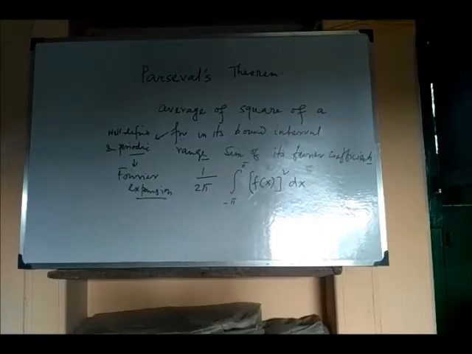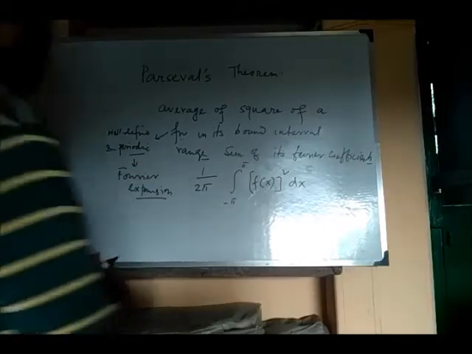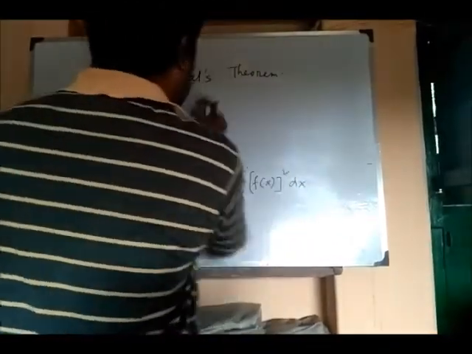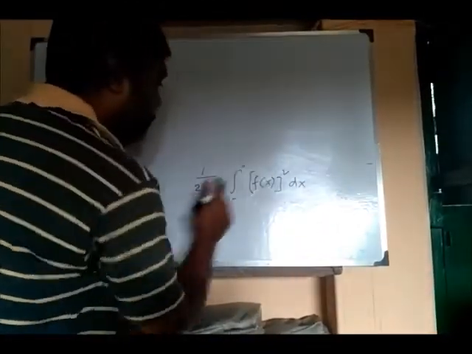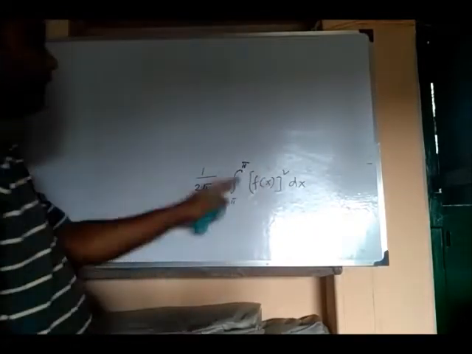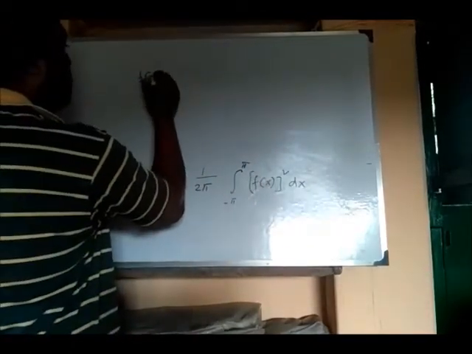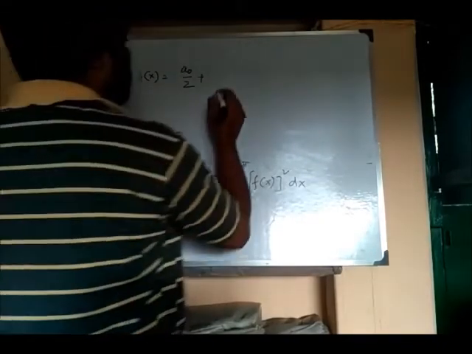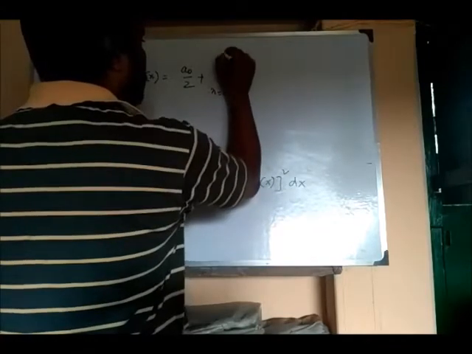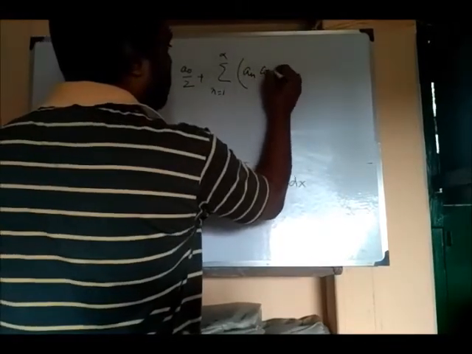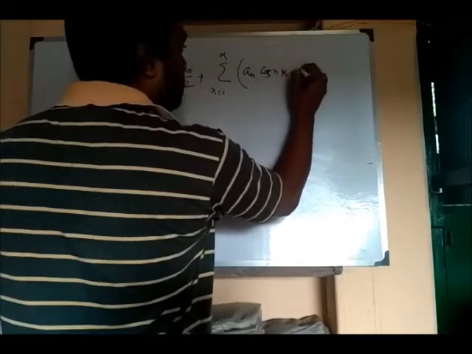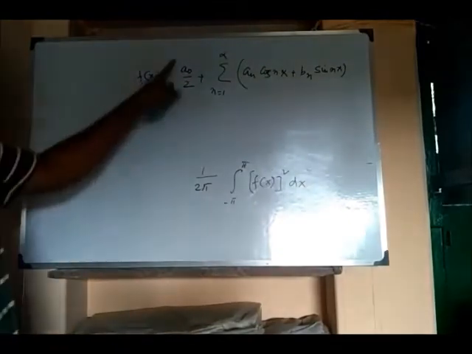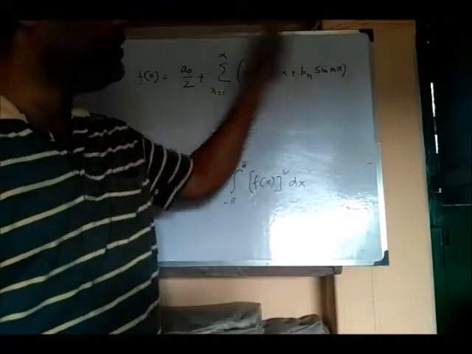Now if you choose f(x) square dx, this function can have a Fourier expansion. So f(x) equal to a0 by 2 plus the sum of n equal to 1 to infinity of an cos nx plus bn sin nx.